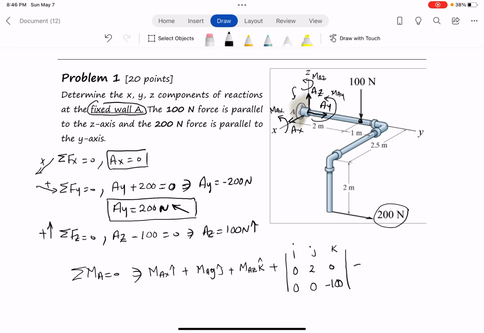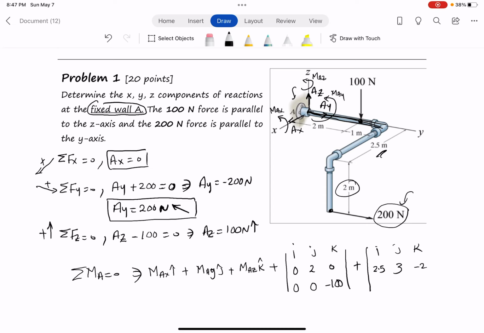Okay? And then there's another force that's doing a moment around A, which is this 200 Newton, and you can see that the position vector of this 200 Newton is 2.5 in the X, and of course it's 3 in the Y, and you can see that minus 2 in the K because it is in the negative Z direction.